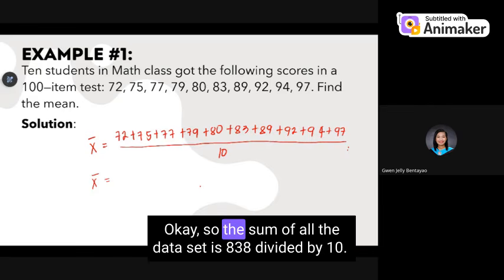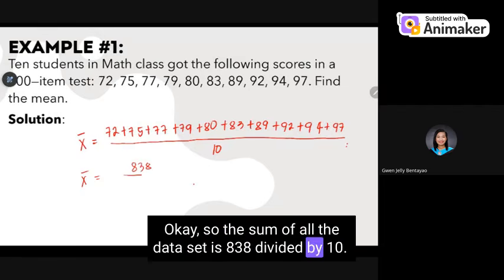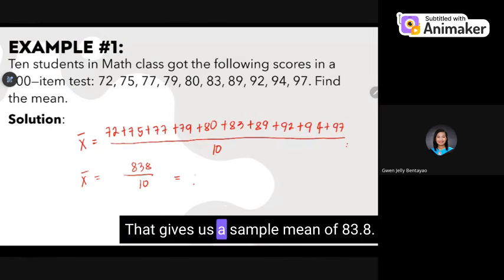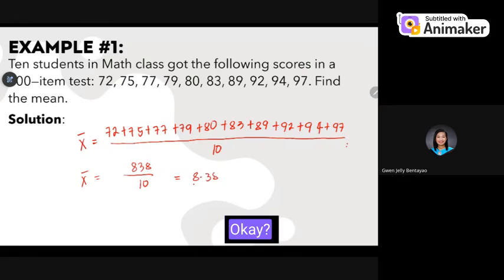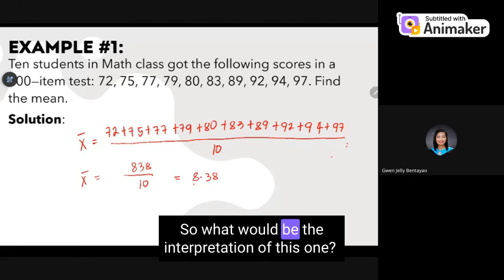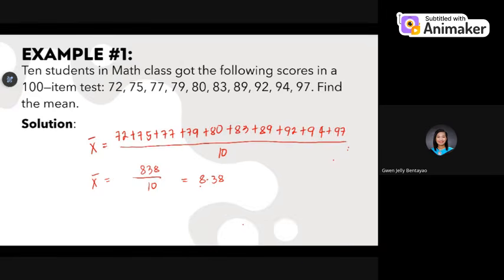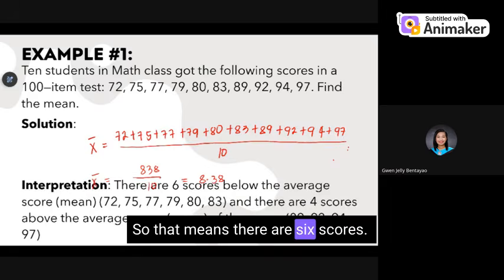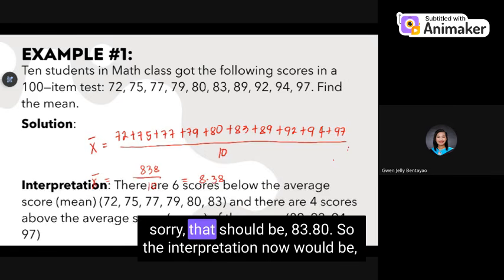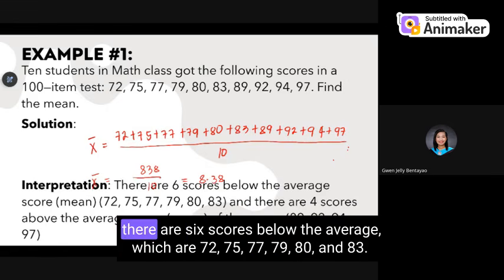The sum of all the data set is 838, divided by 10. That gives us a sample mean of, sorry, that should be 83.8, not 8.38.